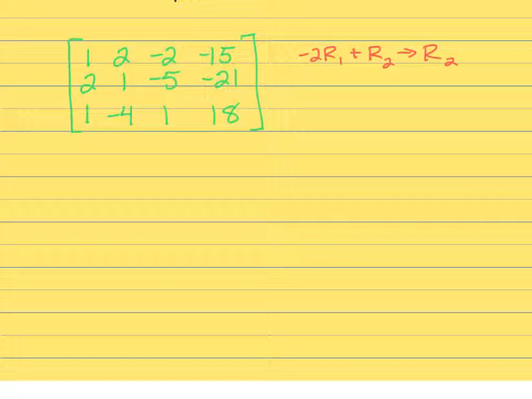So over here on the side, it's a minus 2, a minus 4, a 4 and a 30. It's going to be a 2, a 1, minus 5, minus 21. I'm just copying down the two rows. Going to add them, and there's my 0. That effectively eliminated the x sub 1 variable, or the x term.